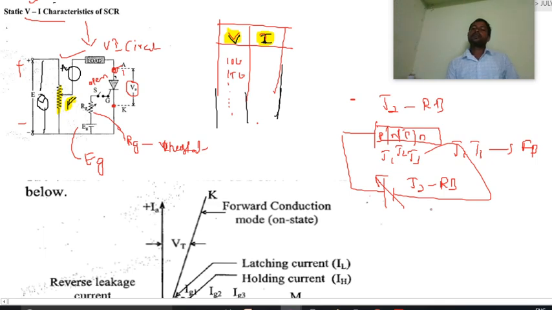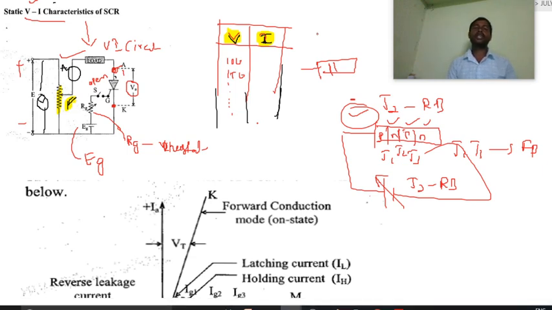If J2 is reverse biased, we know the basic thing about any device made with PN junction layers, as in a diode: the current is due to majority and minority carriers. Current flows in any semiconductor device due to majority and minority carriers. Similarly, the SCR is also made of semiconductor PN junctions, so its current is also due to majority and minority carriers.